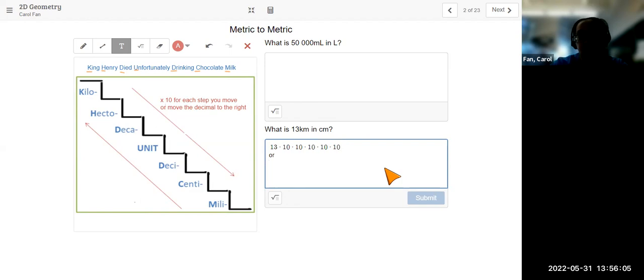So we could just consider us moving the decimal spot to the right 5 times. So right now, this is 13.0000 kilometers. It doesn't matter how many zeros I have after the decimal, it's still exactly the same number. I'm going to take this decimal spot and move it 5 steps to the right. So 1, 2, 3, 4, 5. That gives me 1,300,000 centimeters.